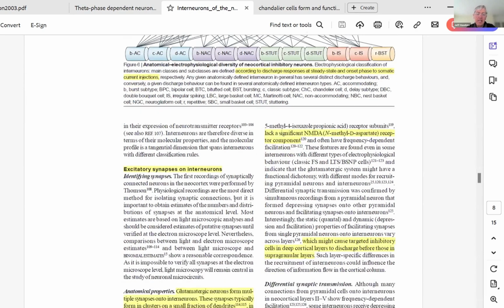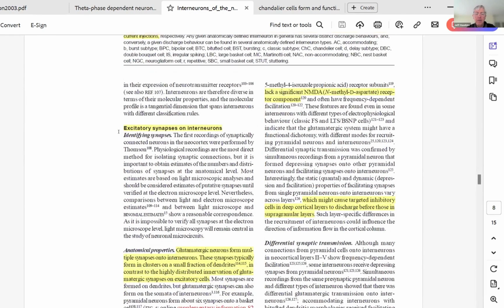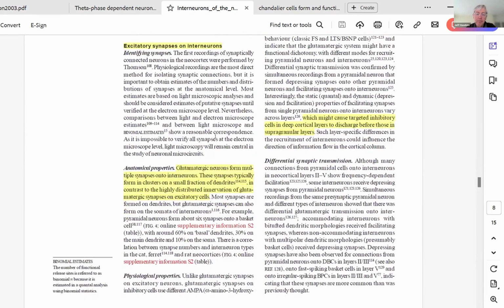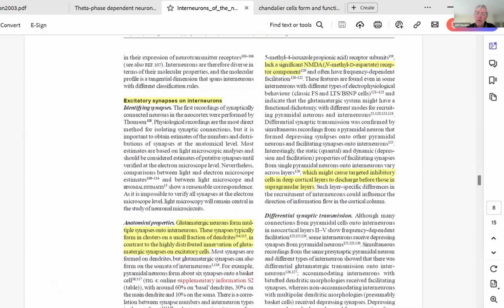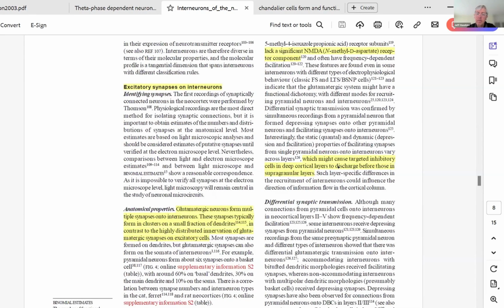So here they talk about the interneurons themselves, even though they're mostly inhibitory, they get excitatory synapses. So they talk a bit about that. Let's see. I'm going to skip down this and talk about this stuff. There's some interesting clues here.